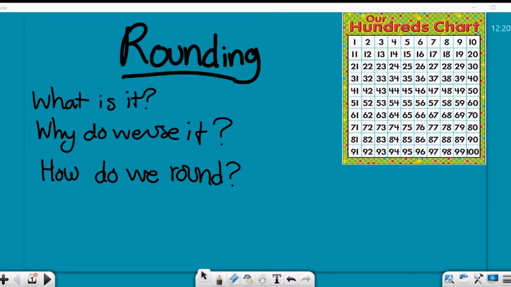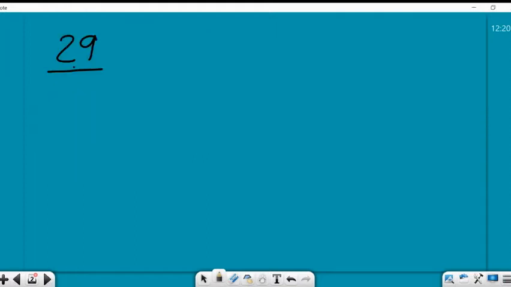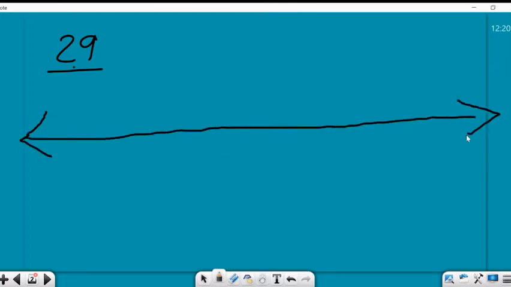I'm gonna move this out the way. So let's take our first number and let's do 29. We'll just do Miss Tinsley's age, 29. So I'm gonna take the number 29 and I'm gonna use my number line again to round. So when I'm using this, I want to think what two tens is 29 in between.